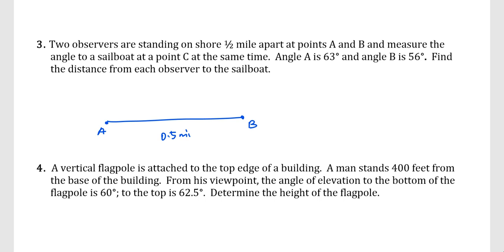They measure the angle to a sailboat at point C at the same time. So let me put the sailboat over here at point C. And so they measure the angle to the sailboat at the same time. Angle A is 63 degrees. Angle B is 56 degrees. Find the distance from each observer to the sailboat.